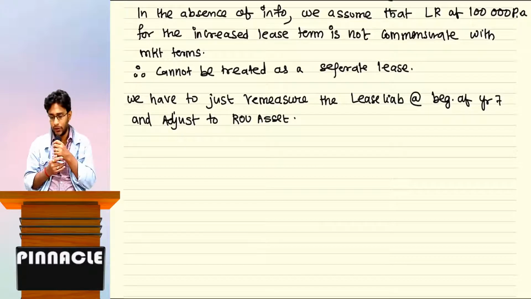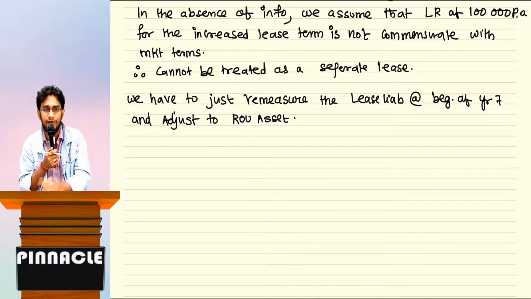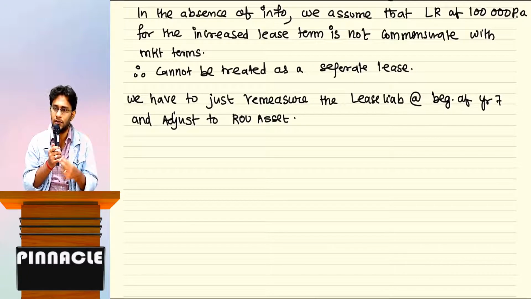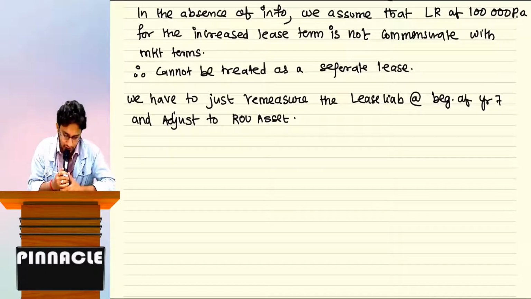Sir, if I have to do that modification, first I have to go till year 7 beginning, no? Initial recognition, working out carrying amounts, all this job as usual you have to do. Start, sir, start.